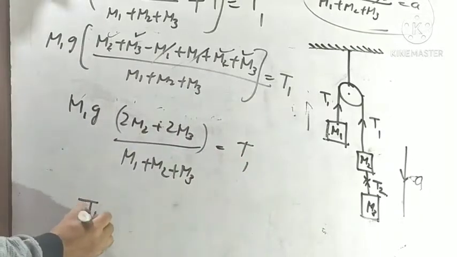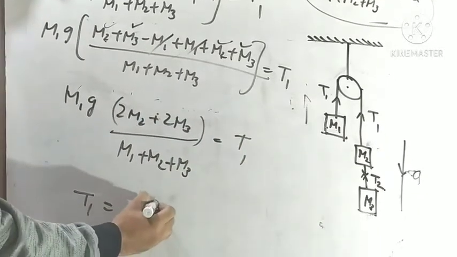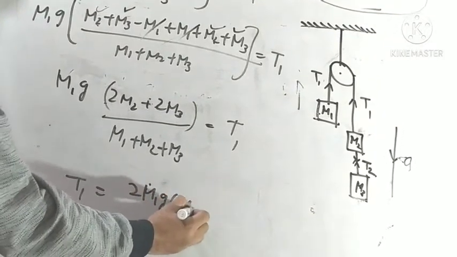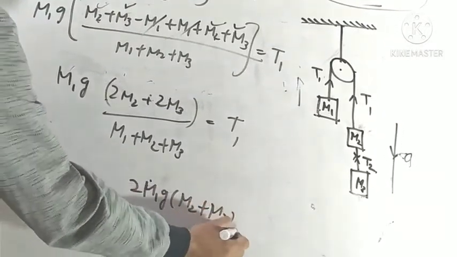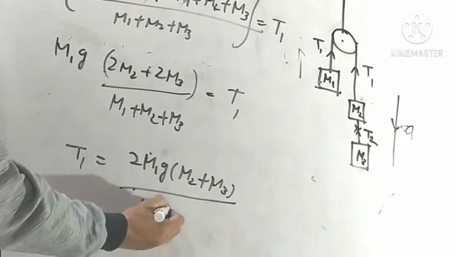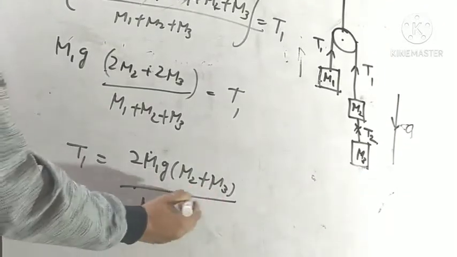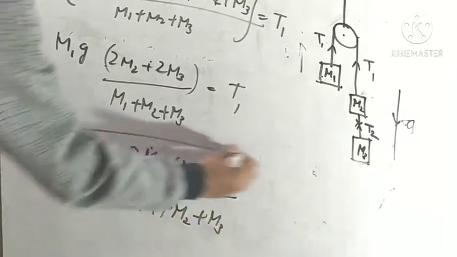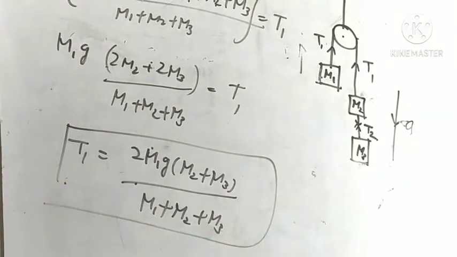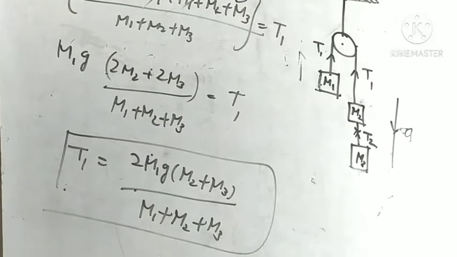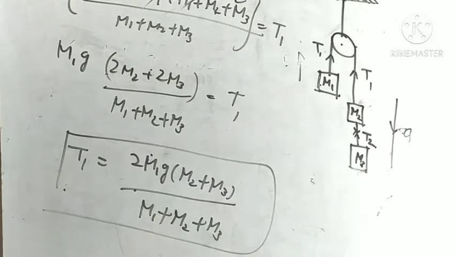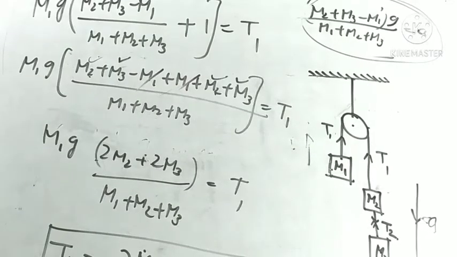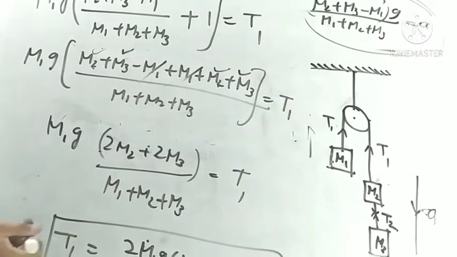So finally the value of T1 is 2 M1G times M2 plus M3 upon M1 plus M2 plus M3. This is the final value of T1. Similarly we can find the value of T2.